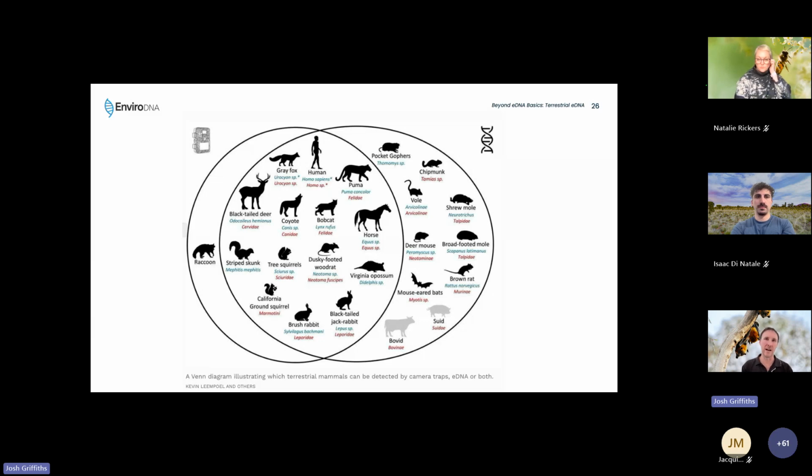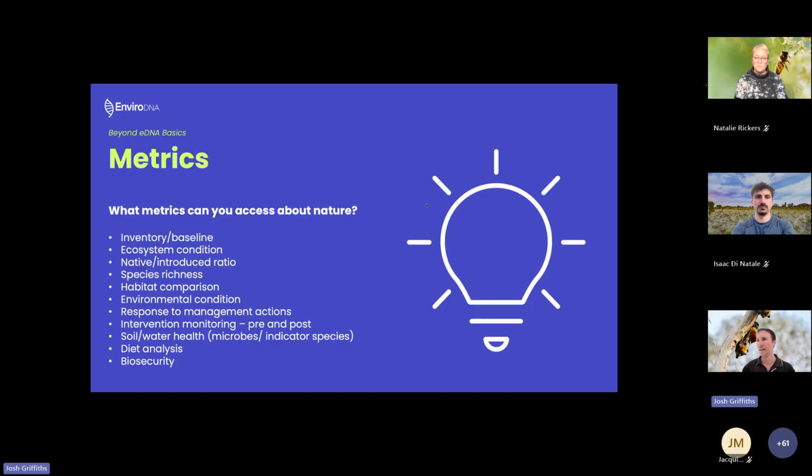So this just highlights how it can be applied in terrestrial systems really effectively. And there's all kinds of metrics that you can derive from this, similar to what you're probably familiar with in an aquatic system. That's all relevant for terrestrial systems as well. We just need to think a little bit more around the survey design and sampling protocols around how we can achieve this to the best effect.